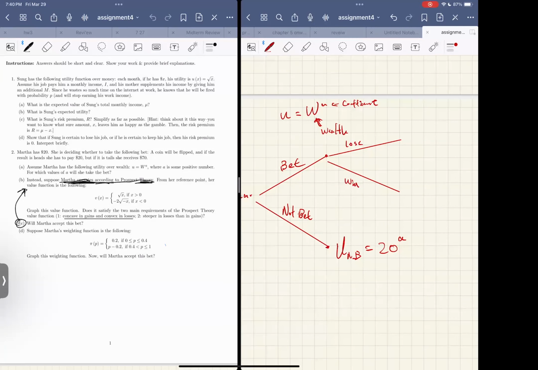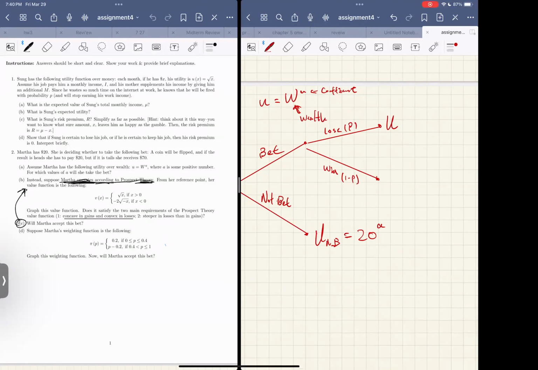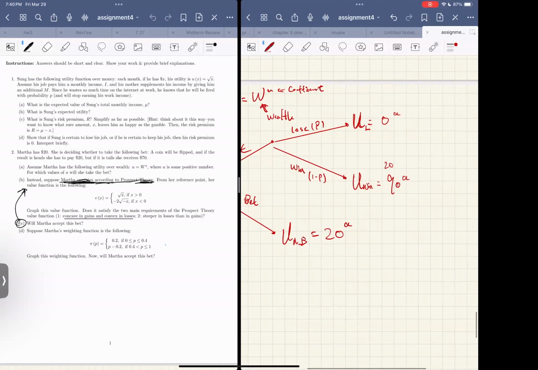Lose with probability P and win with 1 minus P. Then the utility if you lose is 0 to the alpha, so that's U of lose. U of win is 90, because you win, so 20 plus 70, to the A.